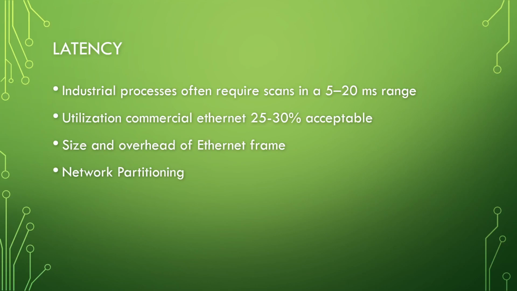However, we do have some issues with the size of the Ethernet frame. The Ethernet frame is 60 bytes that you're transmitting of data. And this is part of latency. If you're only trying to send 2 bytes of data, a DINT or an int or whatever it is, all you need to tell them is that this button's been pressed.